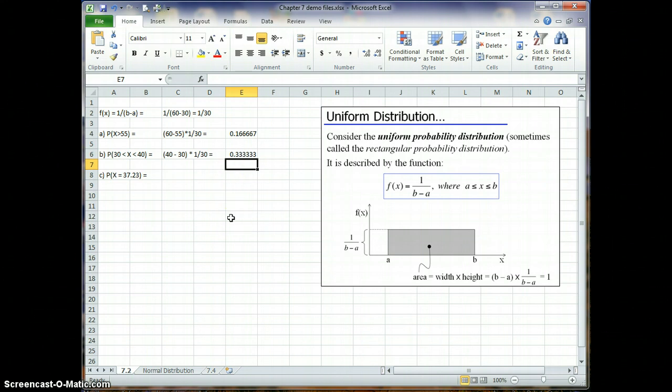So there you go. Pretty straightforward. It's just making sure you do that function calculation for a uniform distribution.